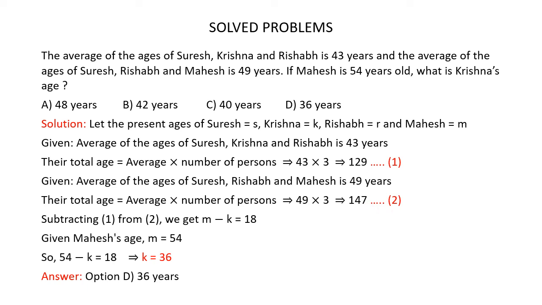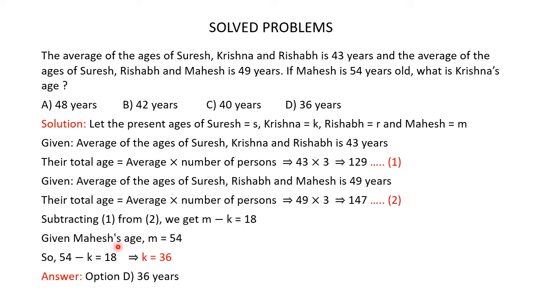So now we have S plus K plus R is equal to 129, which is equation 1. And S plus R plus M is 147, which is equation 2. Now subtracting equation 1 from equation 2, we get M minus K is equal to 18.